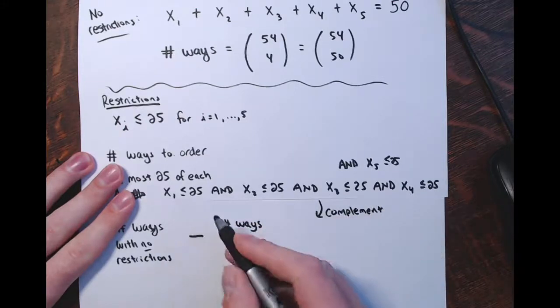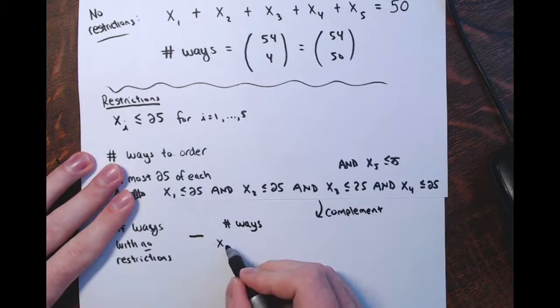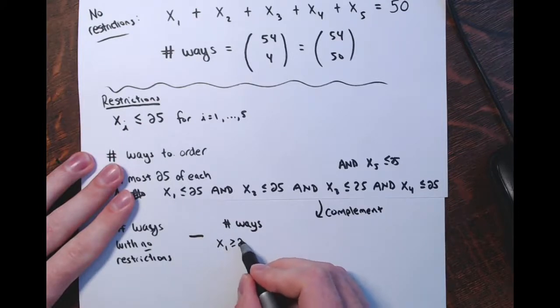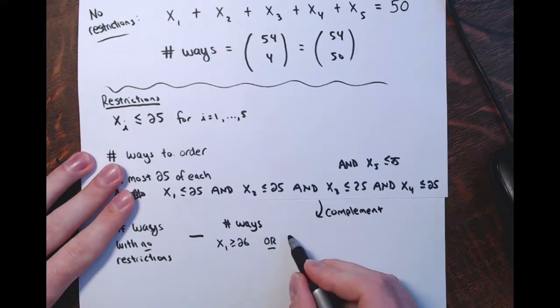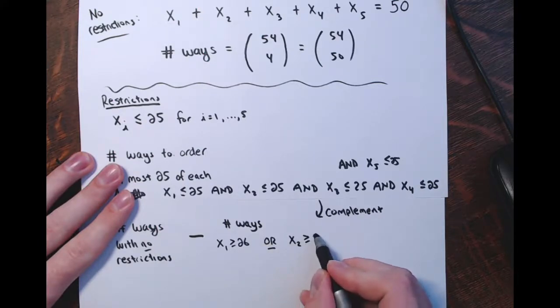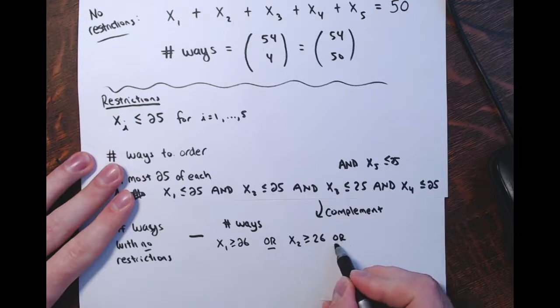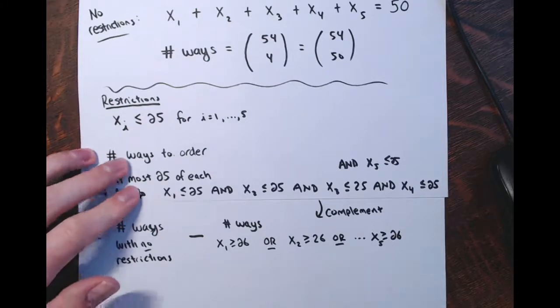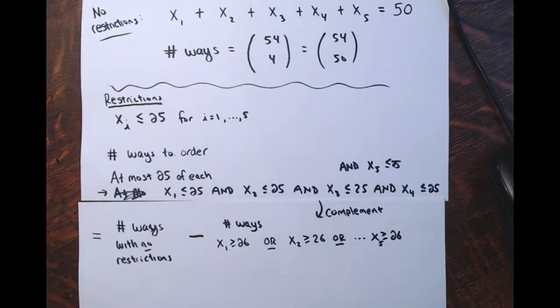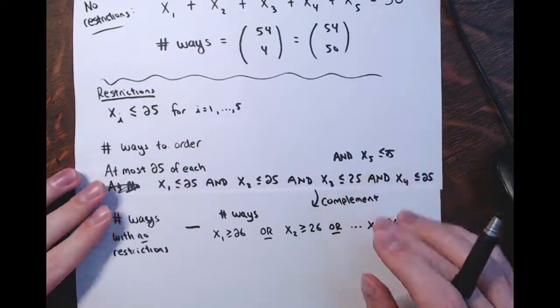The complement would be that you order 26 or more of the first, or 26 or more of the second, or 26 or more of the fifth. Again, this would all be connected by or, so a big union.